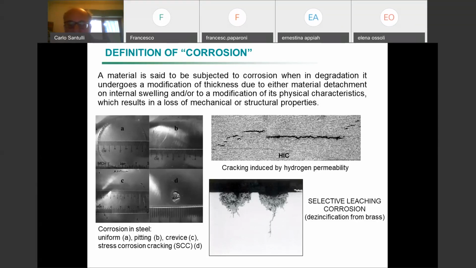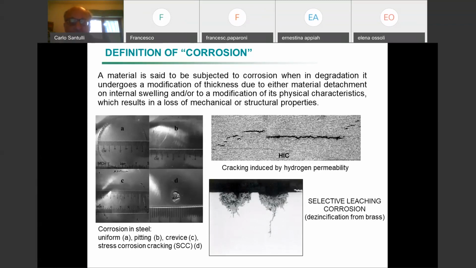Or you can have other situations, like you can have a uniform corrosion like in A, or you can have a kind of pitting, deformation pits, which are given by some acid conditions which are very localized or can be less localized. Or you can have a stress corrosion. You have a corrosion given by the fact that the material is subjected to a stress, for example, from frequent movements.